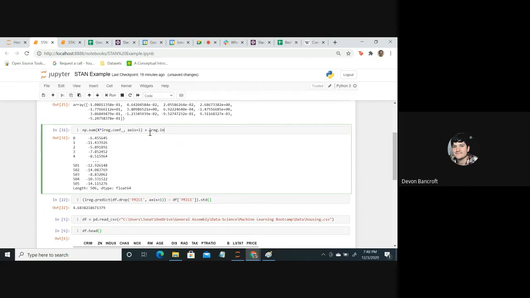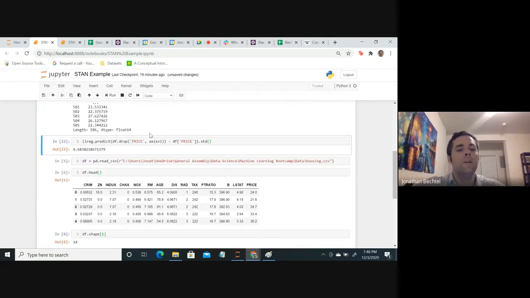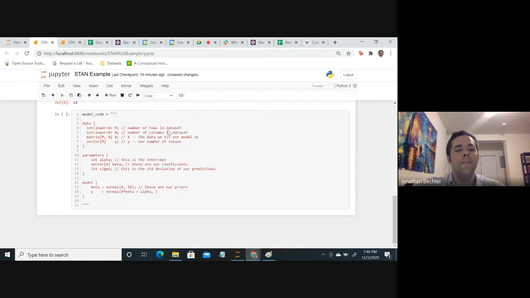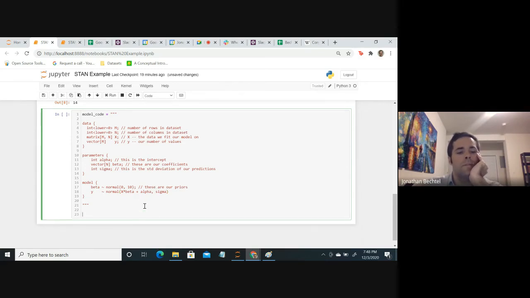Yeah, exactly. And you add in the intercept at the very end. So in a lot of ways, we're saying x times our betas plus the alpha, and that's what we're doing right over here. And the same thing, we take sigma and put it in here like that. Gotcha. So this is basically how you define the model.